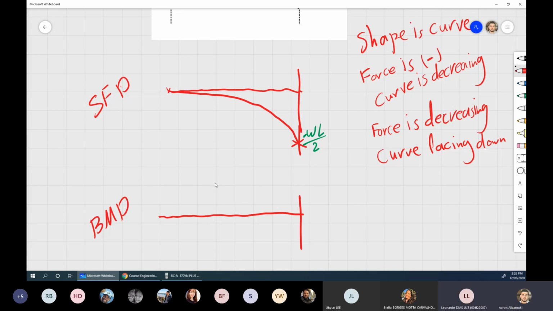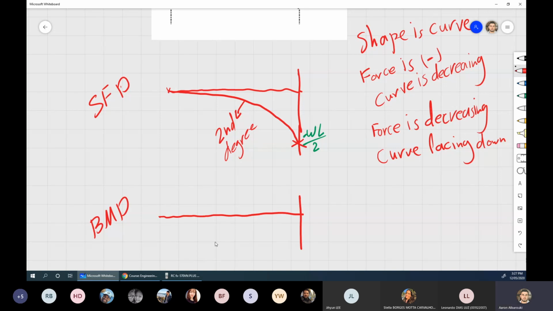Yep. So, what's the first question we should ask? The shape. Perfect. So here, what we got is a second degree curve. So what would be the shape integrating this shape? It would be a third degree curve. Oh, yeah. Okay, so a second degree will be integrated to a third degree curve. We know the shape.